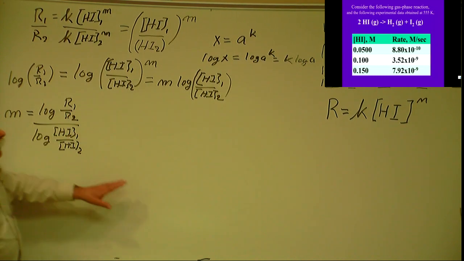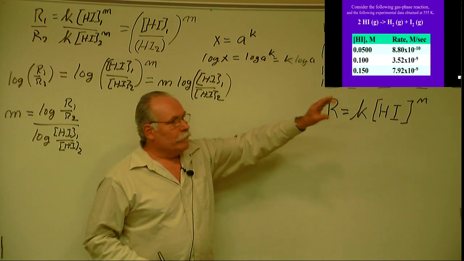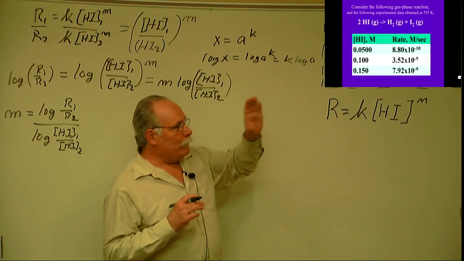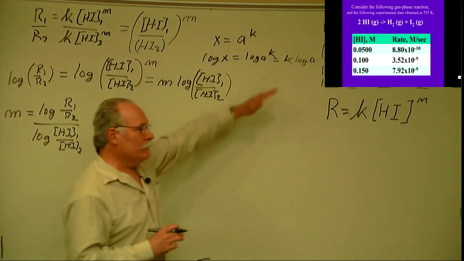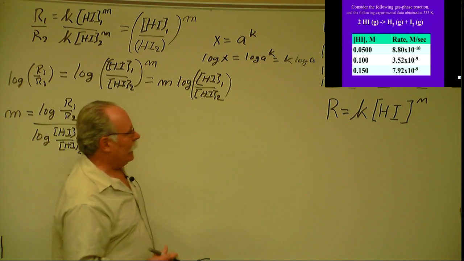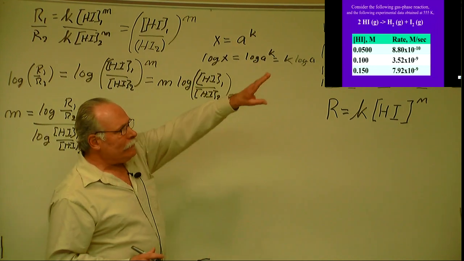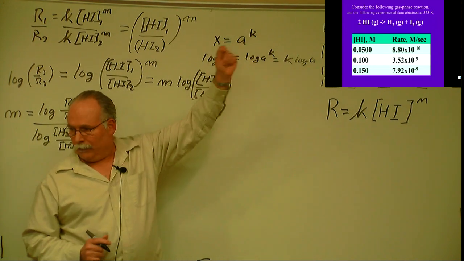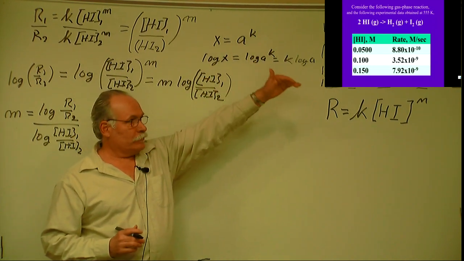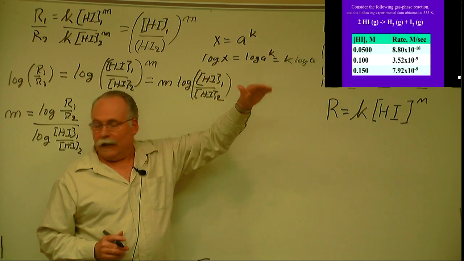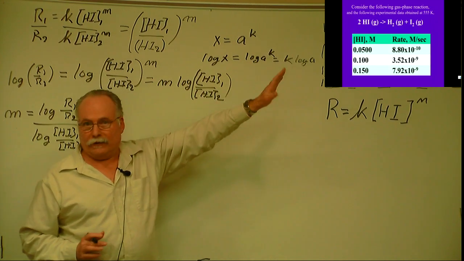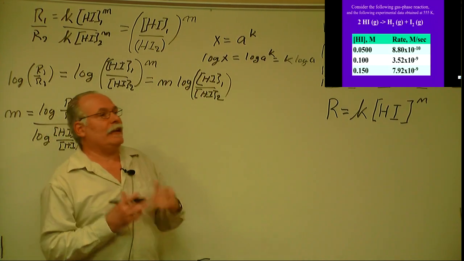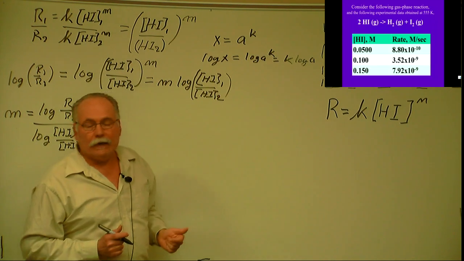But one of the things I want to teach you is that we can pick data that simplifies the math, okay? So I could have chosen, let's say the top state at 0.05 is state 1, the next state, initial concentration at 0.1 is state 2, and the bottom state up there is state 3. I could have chosen any state I want, okay?